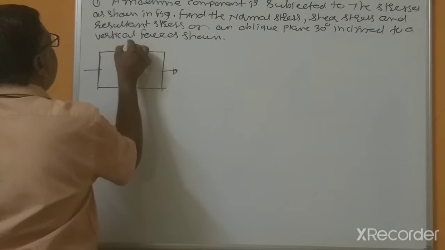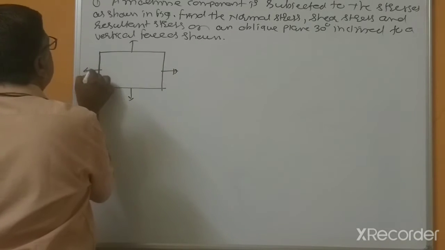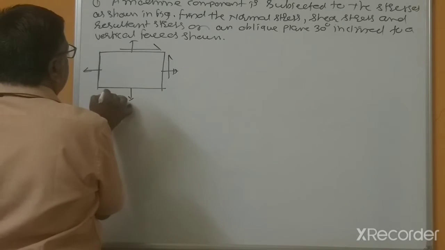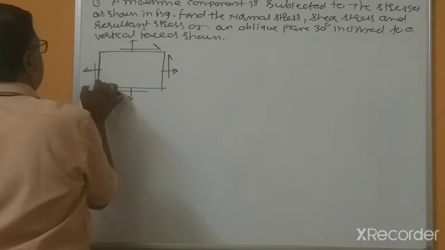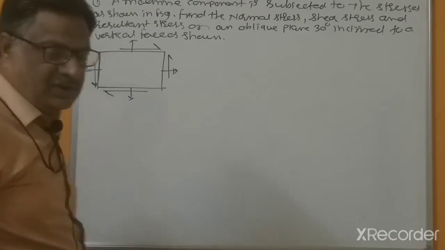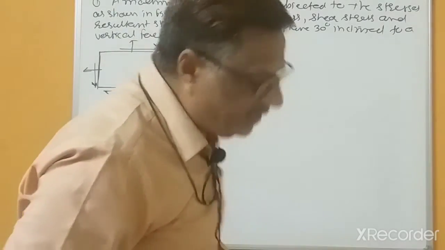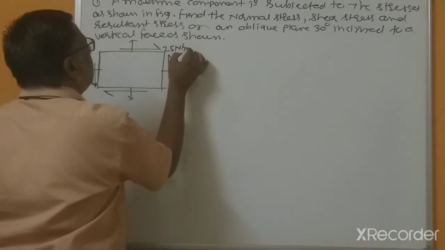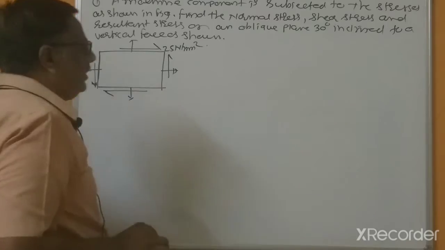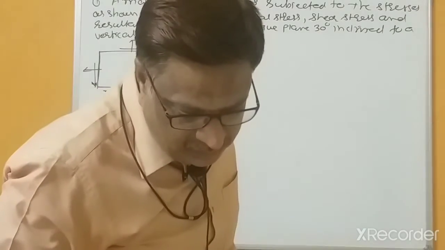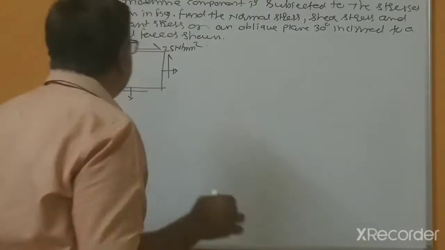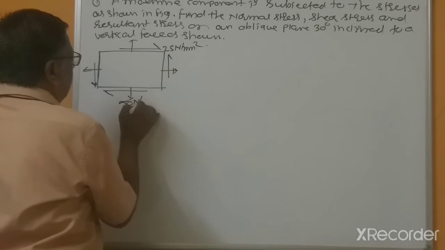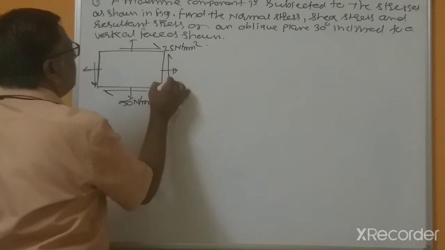Both are tensile, and this is positive shear stress. Intensity of the shear stress 25 Newton per mm squared, and compressive 50, 100. This is the minor principal stress.